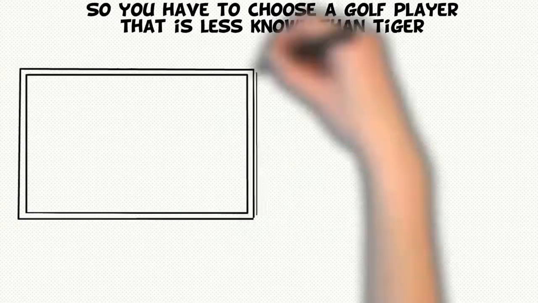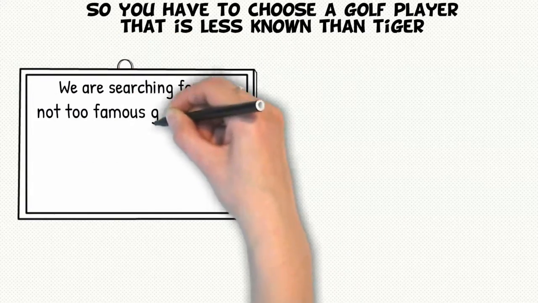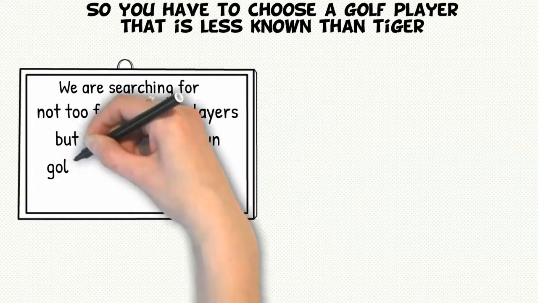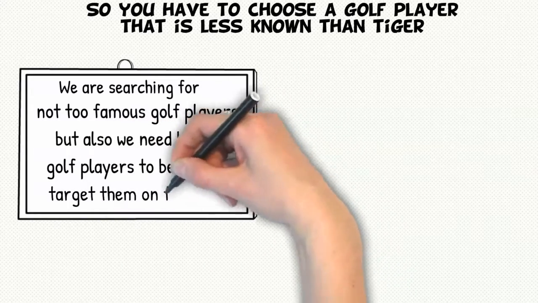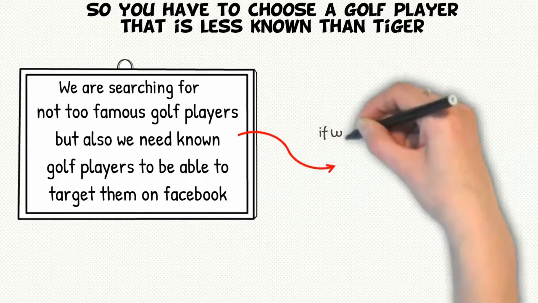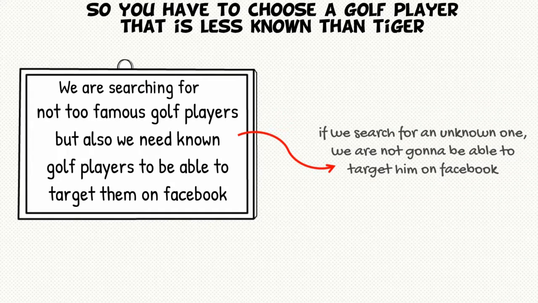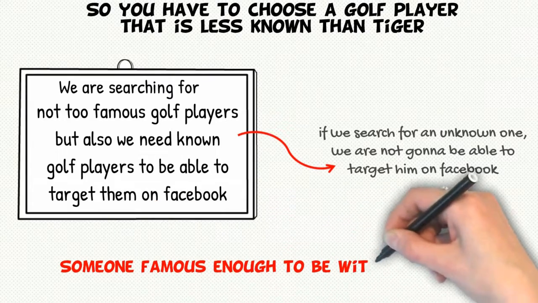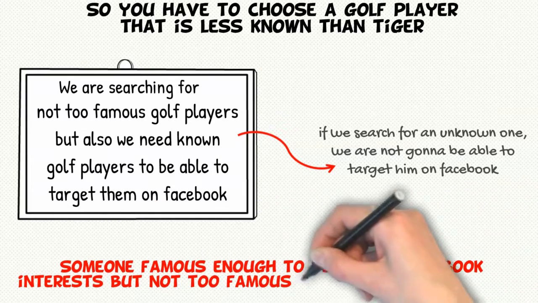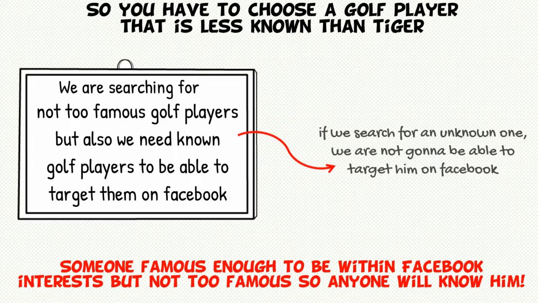We are searching for not too famous golf players, but we also need known golf players to be able to target them on Facebook. Because if we choose an unknown one, we are not going to be able to target him on Facebook. So we need a player in the middle, someone famous enough to be within Facebook interests, but not so famous that anyone will know him.